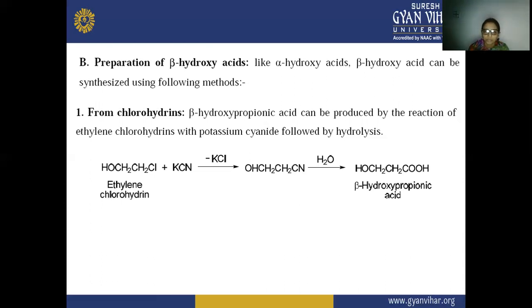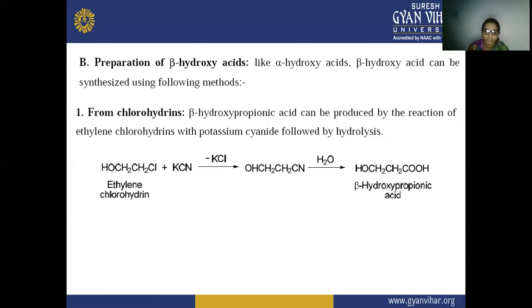In the reaction there is ethylene chlorohydrin, CH2CH2Cl OH, plus KCN, that is your potassium cyanide, and then there is a formation of an intermediate, a cyanohydrin product, and after that, hydrolysis, and there is a formation of beta hydroxypropanoic acid. So here there is a formation of beta hydroxy acid from the chlorohydrin.